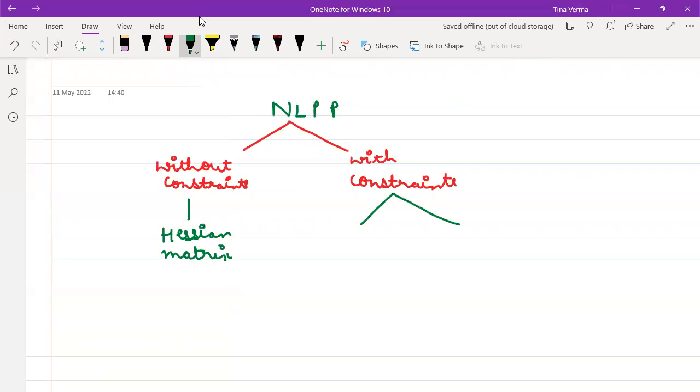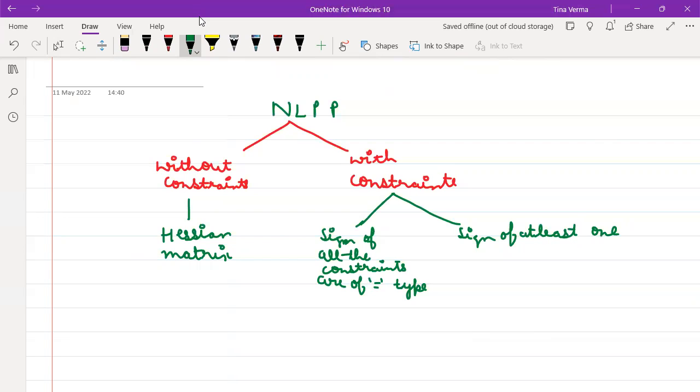And if you have constraints, we will divide this: the sign of all the constraints are of equal to type, and the sign of at least one constraint is not equal to type.